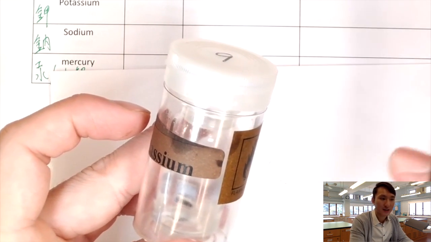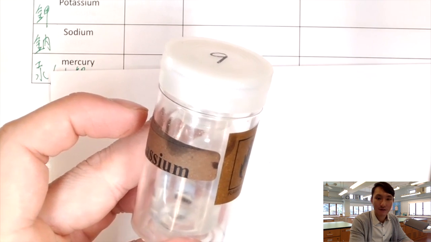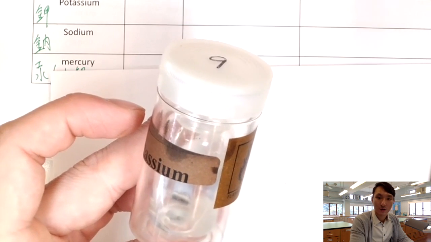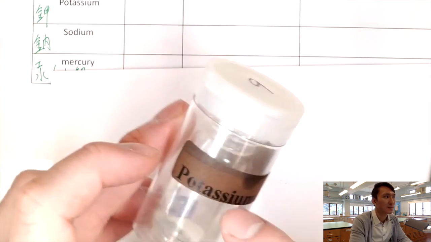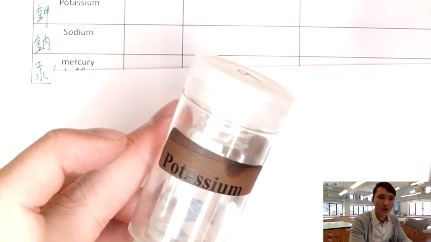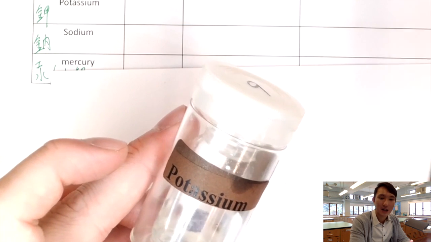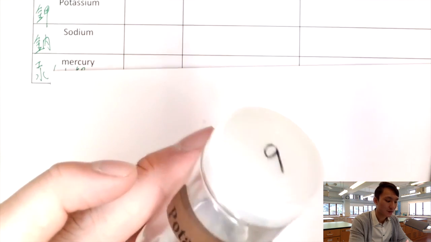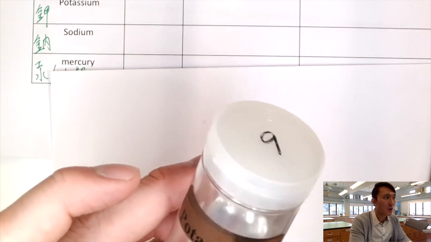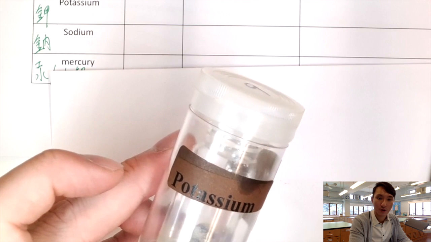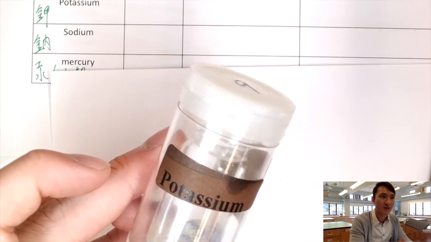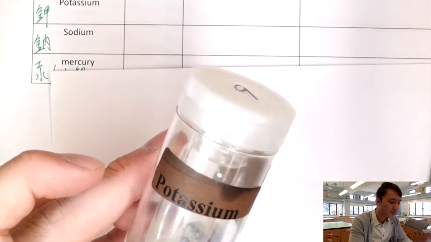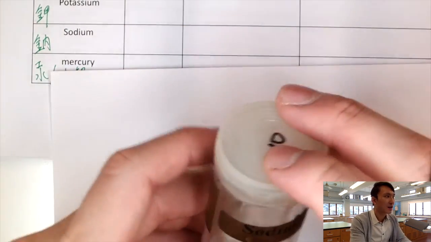So you can tell potassium is actively reacting with oxygen in the air to form oxide. Of course, we don't want this to be happening because what we want is potassium instead of potassium oxide. So that's why we want to cut away the contact of oxygen with potassium. That's why we have to put it under paraffin oil to prevent it from contacting with oxygen and also moisture, water vapor.